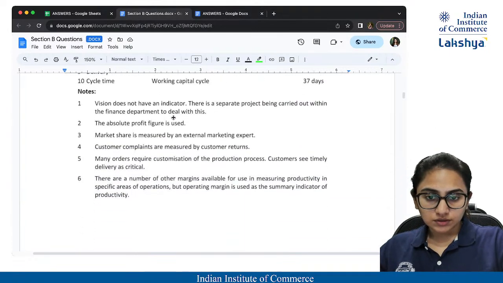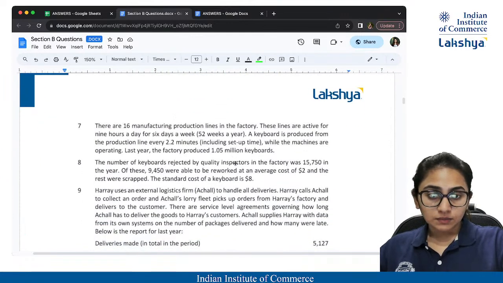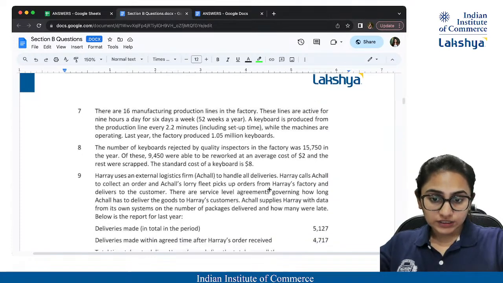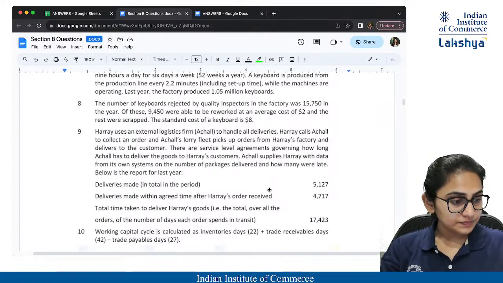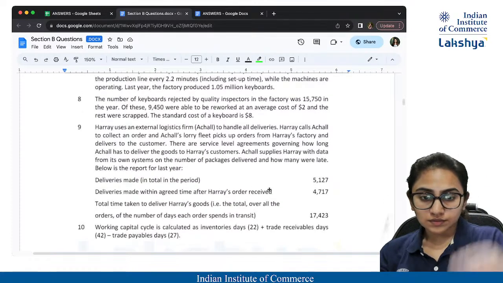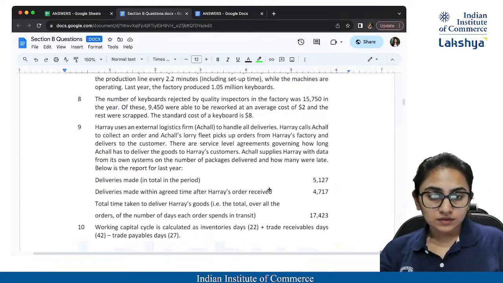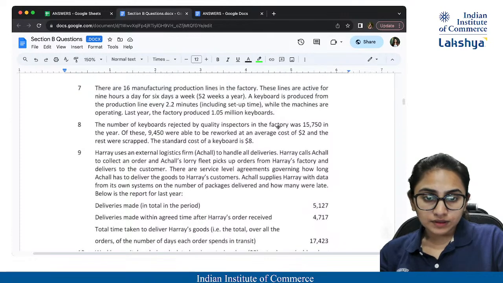So if you see here, the number of keyboards that were rejected by the factory was 15,750, and that was the amount of rejection that was there.